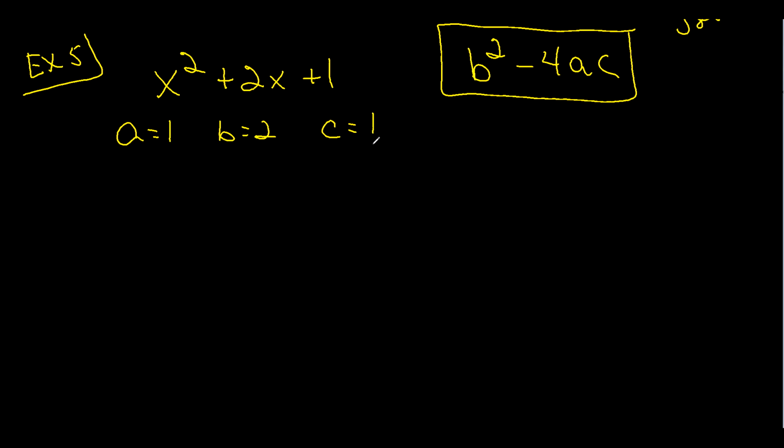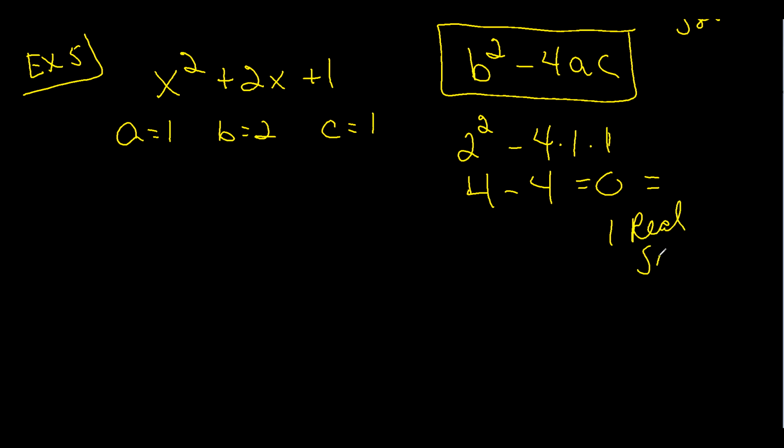So then I'm going to have b squared, so that's going to be 2 squared minus 4 times a is 1 times c is 1. So I got 4 minus 4 times 1 times 1 is 4. 4 minus 4 equals 0. So that means I have one real solution. Okay, that's what we do with it.